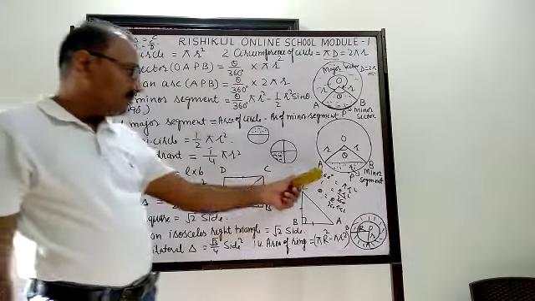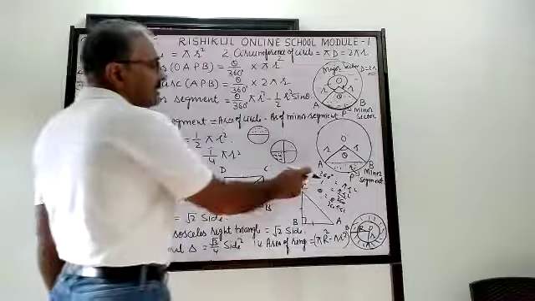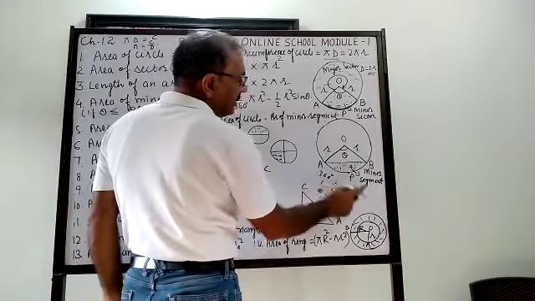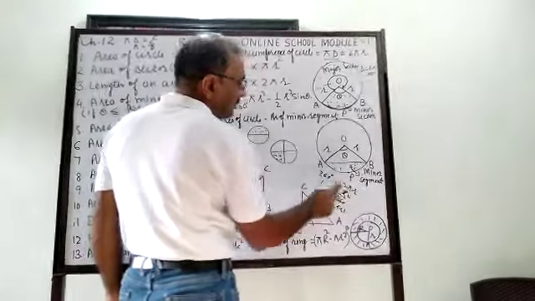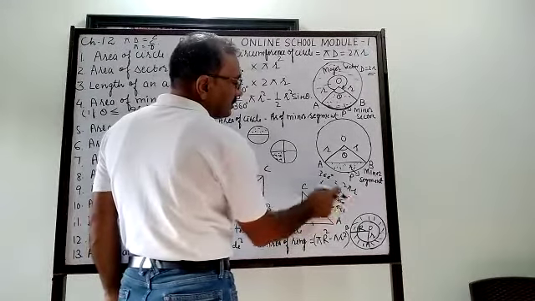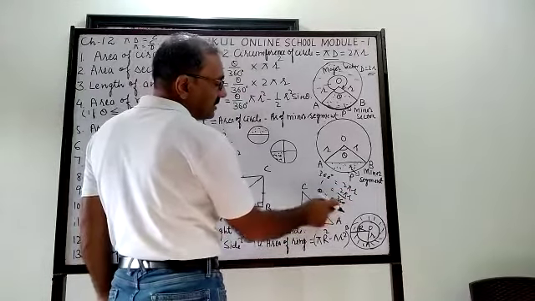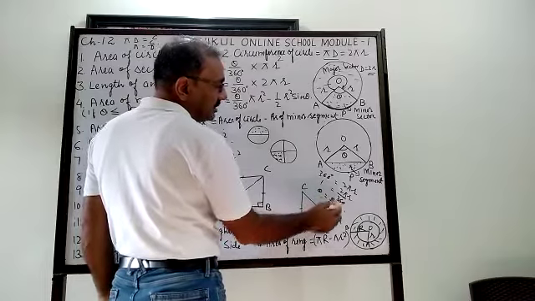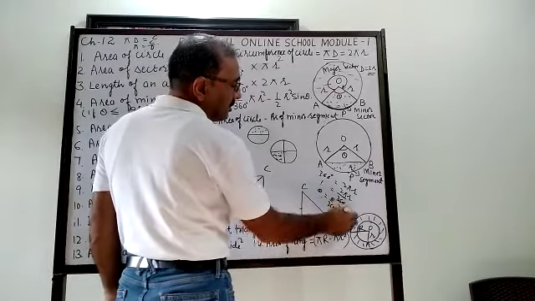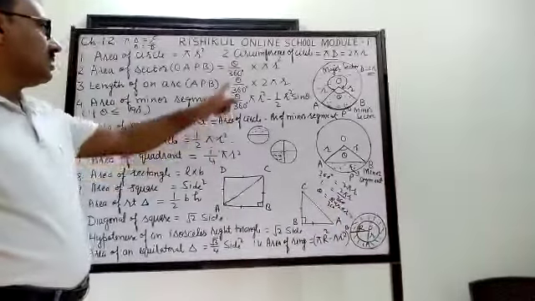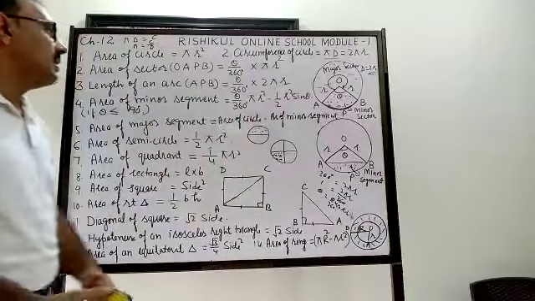Similarly, you can find it this way: if the angle is 360, then the perimeter is 2 pi r. If theta is 1, then 2 pi r upon 360. If the angle is theta, then theta upon 360 into 2 pi r.